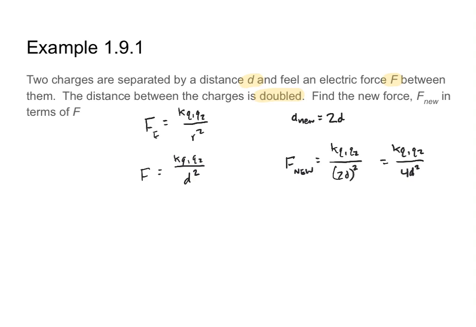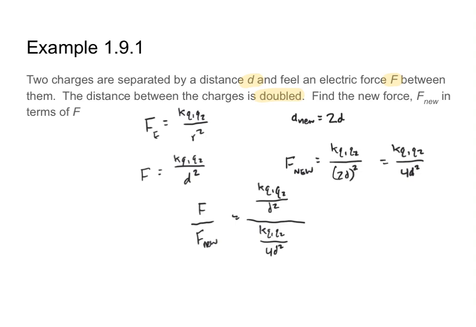So how do I get my new force in terms of my old force? Here's what I'm going to do. I'm going to say my initial force over my new force is equal to kQ1Q2 over d squared divided by kQ1Q2 over 4d squared. And what I'm doing is I'm just expanding that ratio out.